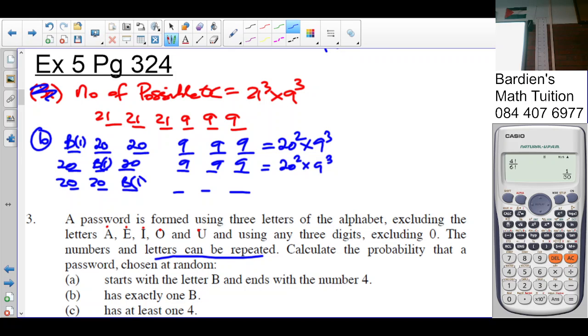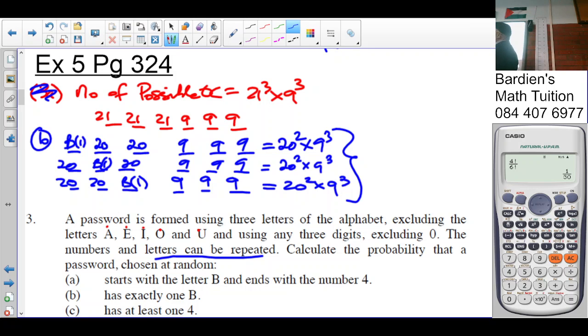Then 1. Then 9, 9, 9. So that is going to be 20 squared times 9 cubed. So this can be written as 20 squared times 9 cubed plus 20 squared times 9 cubed plus 20 squared times 9 cubed, which can be written as 3 times 20 squared times 9 cubed. That's your number of favorable outcomes.